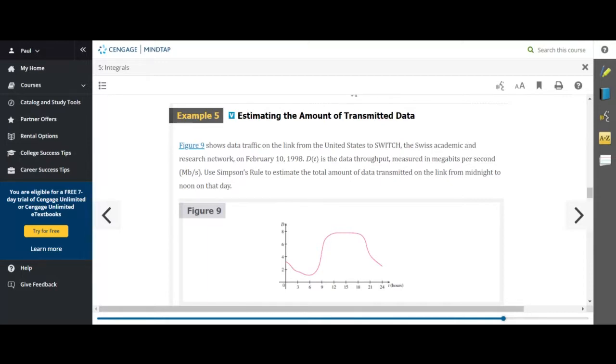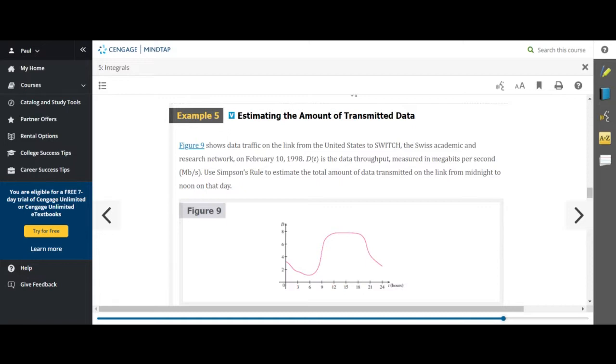So what happens at 9 a.m.? The t-axis goes from 0 to 24. That's 24 hours. And at 6 a.m., the value D of t, the function, is small. But then suddenly there's a jump at t equals 9. What happened there?